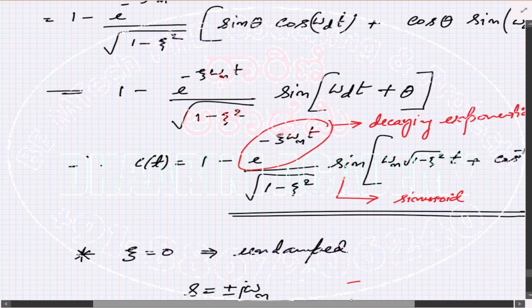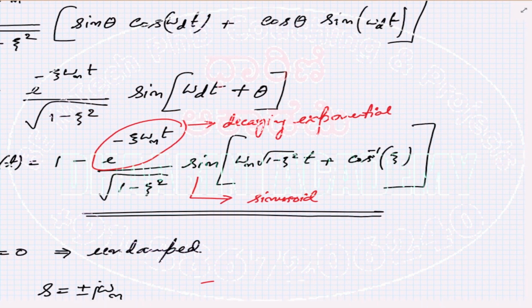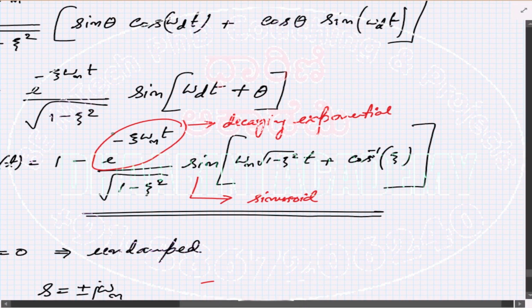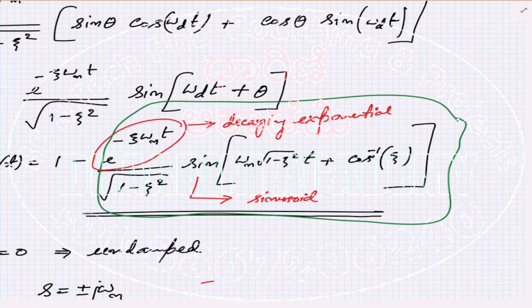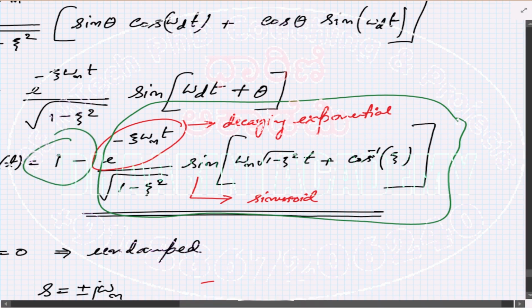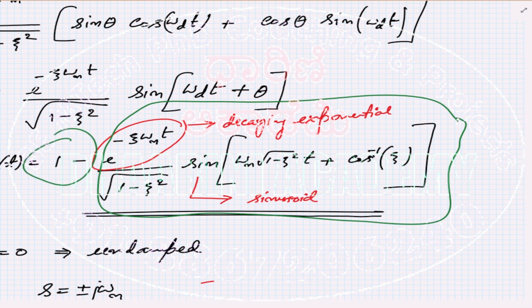Now, when does the second term become 0 is my question. Whenever that part does not exist, in the sense whenever that is 0, I can say that yes, the answer is only the first term, which is equal to 1. So when is this going to happen?